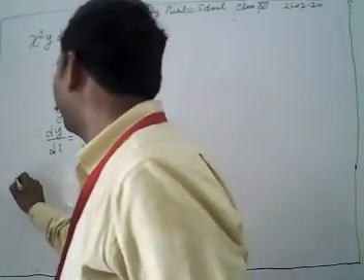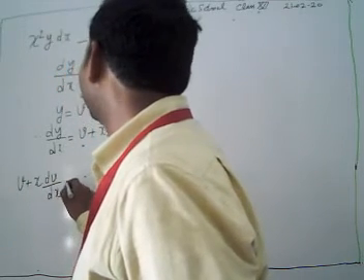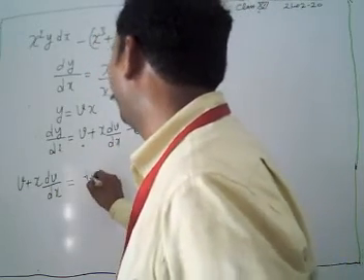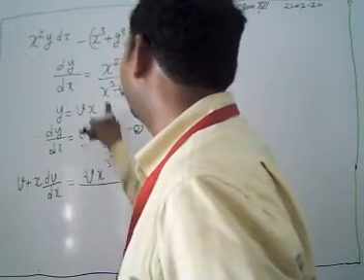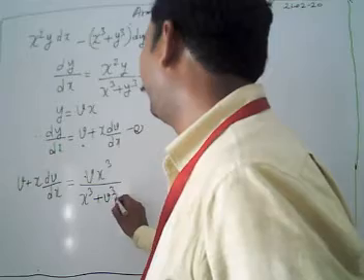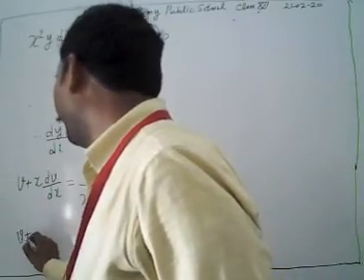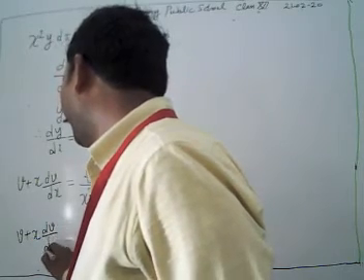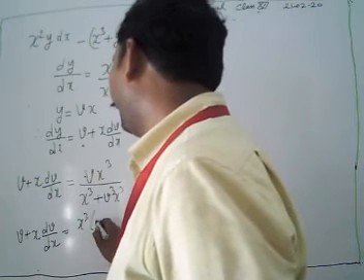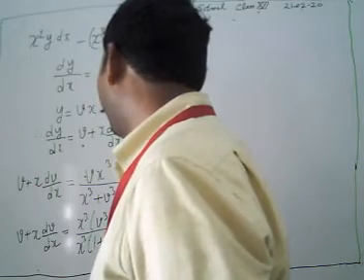Now we have v plus x dv by dx equal to, putting y equal to vx, vx cube upon x cube plus v cube x cube. Now again, v plus x dv by dx is equal to, taking x cube common, v upon 1 plus v cube, cancel out this.